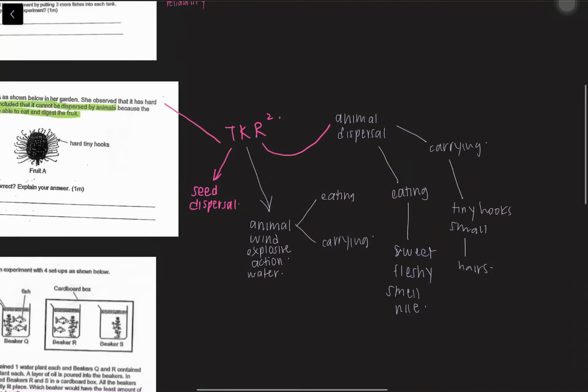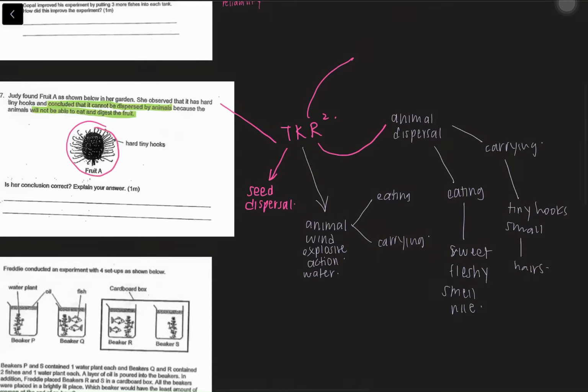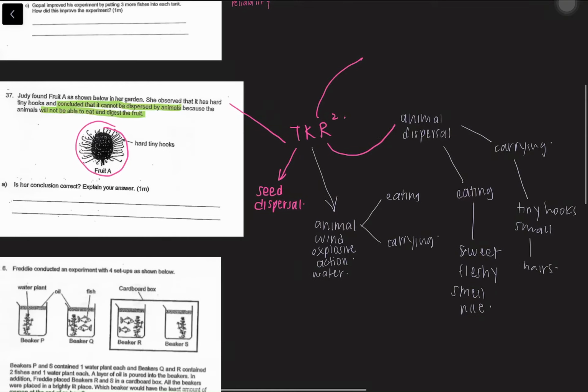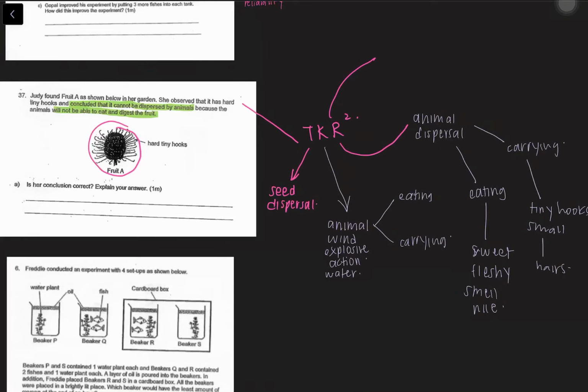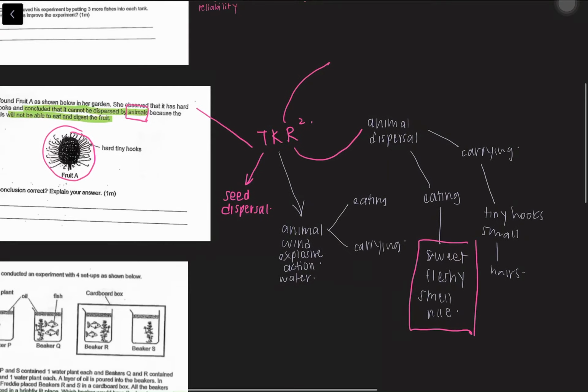So now let's do our final check, which is our R, relevance. So the question is asking us whether this fruit over here can or cannot be dispersed by animals, because Judy concluded that it cannot be dispersed by animals because it is not sweet, fleshy, or smells nice. However, when we look at our relevance, we are supposed to check animals, right?